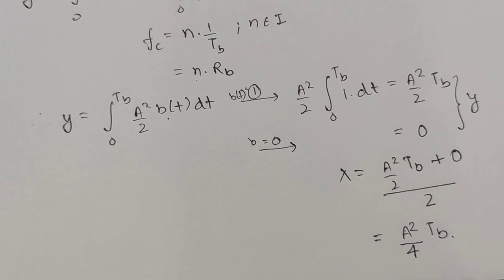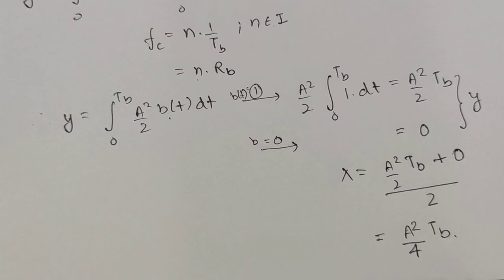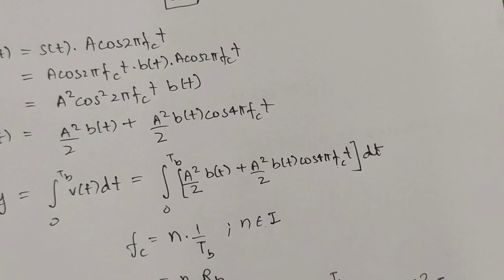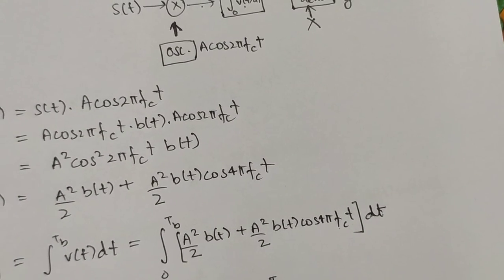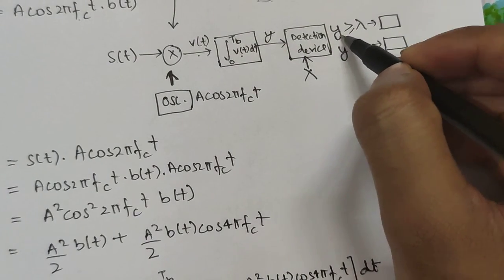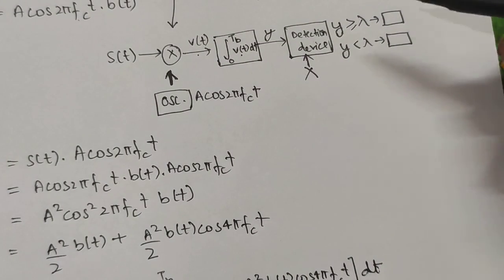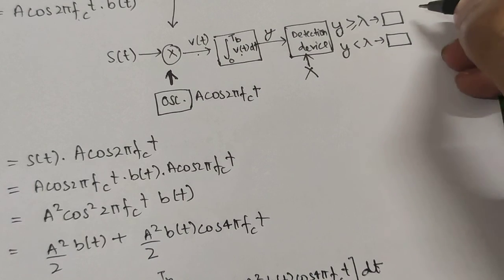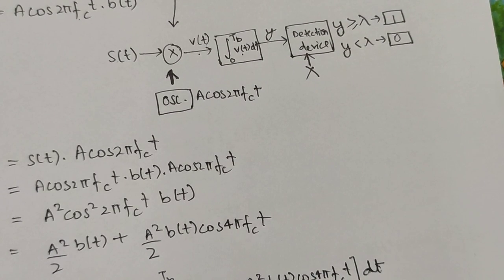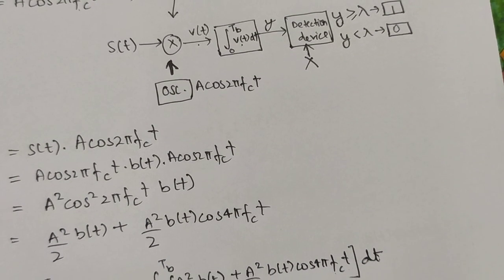This is our mean, and this is our threshold. So we have seen the threshold value. Now if our y is greater than this, then we will assign 1. If it is less, then we will assign 0, and this way we are able to detect the signal.